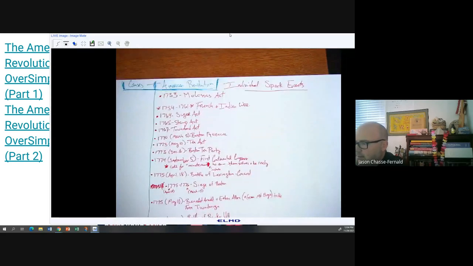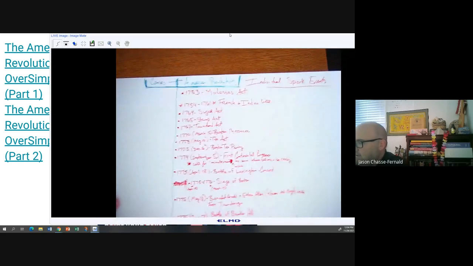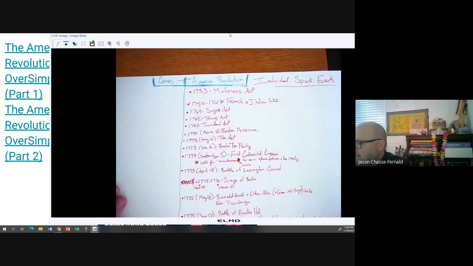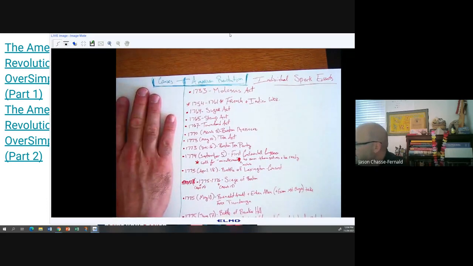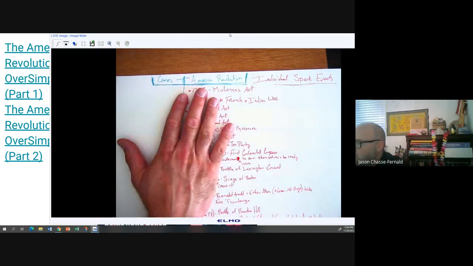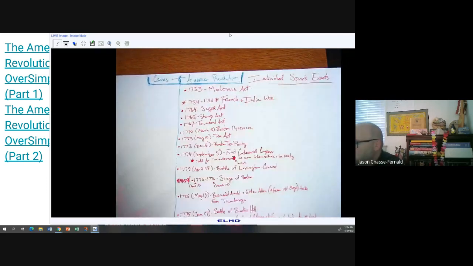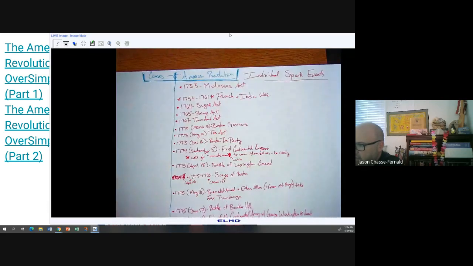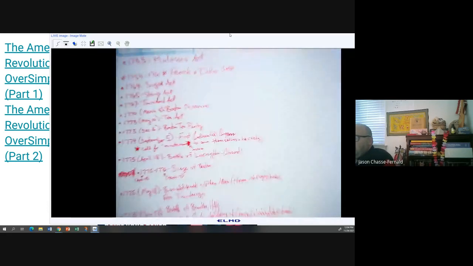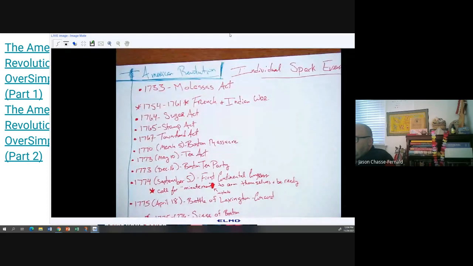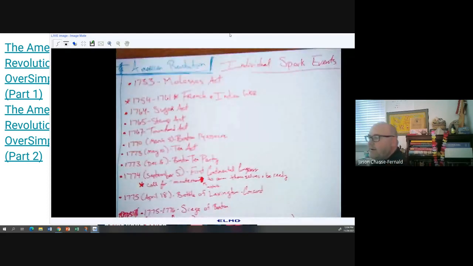If you could leave some space over here and label this causes of the American Revolution, we're going to start with some individual spark events. I'm going to zoom in here just so you can see them. We do take a few minutes in class and write all these down.